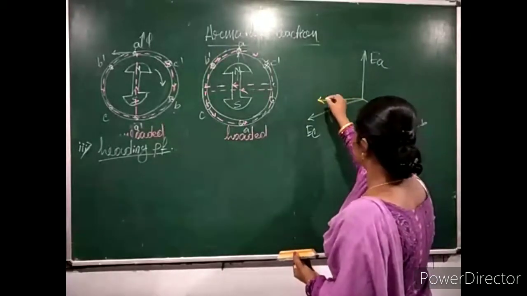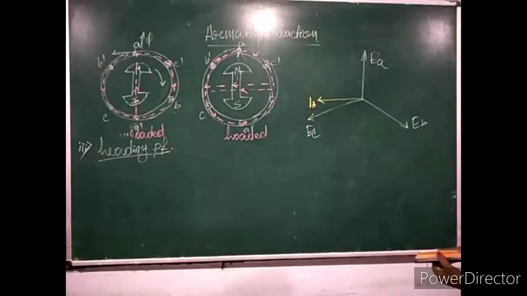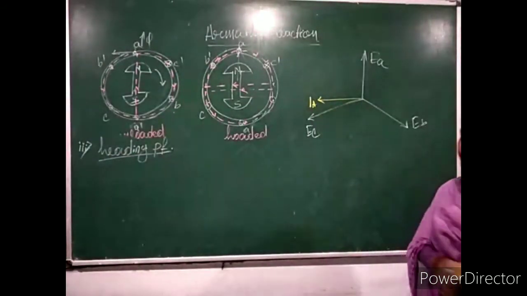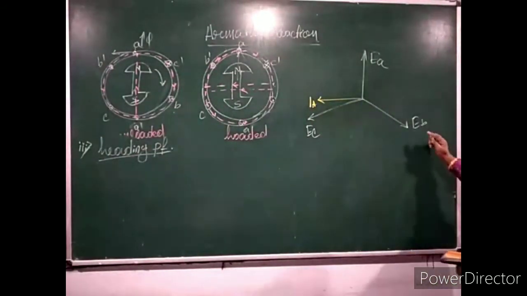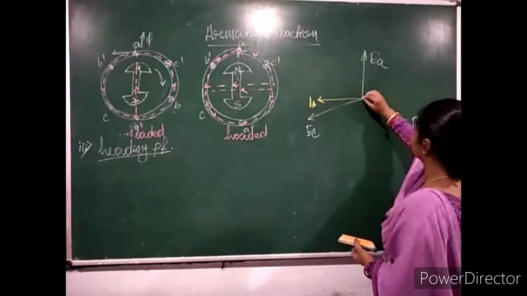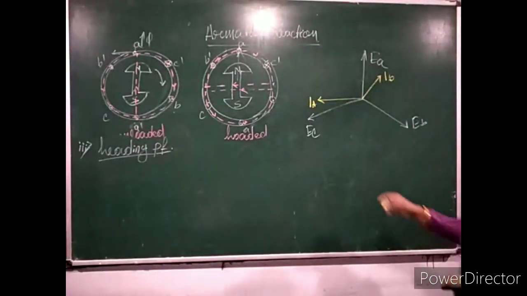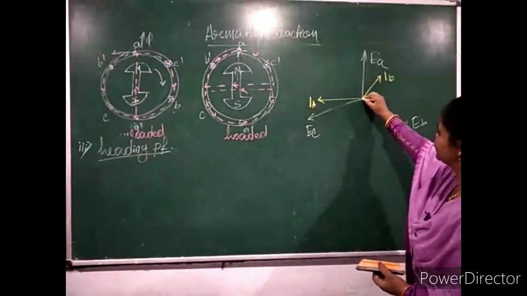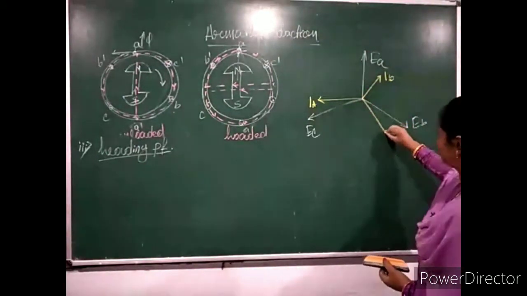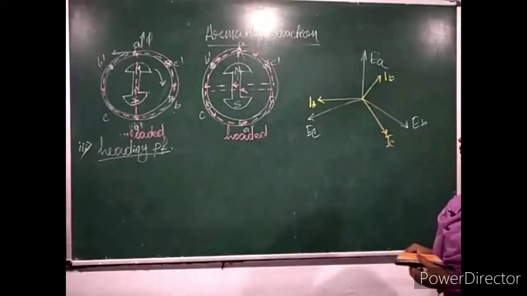So phase A current leads the phase voltage by 90 degree, then the current of phase B leads the voltage by an angle of 90 degree. Phase C current leads the respective voltage by an angle of 90 degree. This is IC.